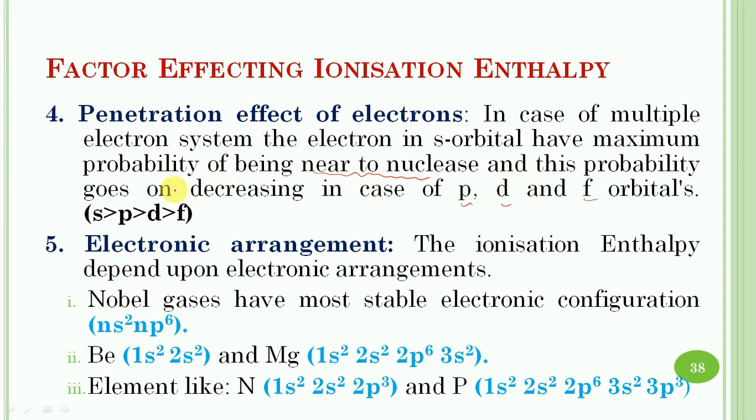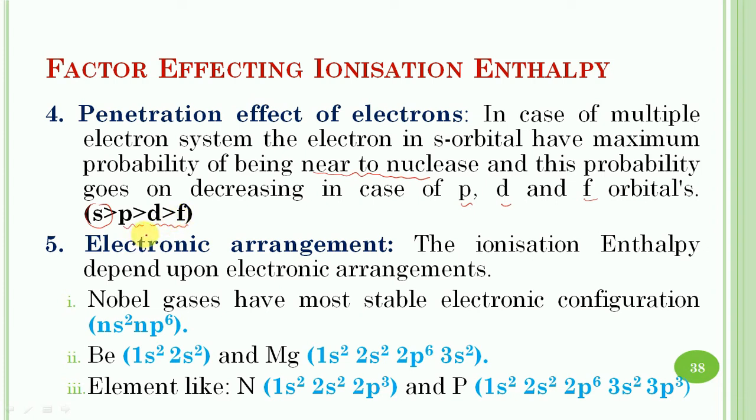In other words, s electrons are more penetrating toward the nucleus than p orbitals, and this penetration power goes on decreasing as we move toward d orbitals and f orbitals.